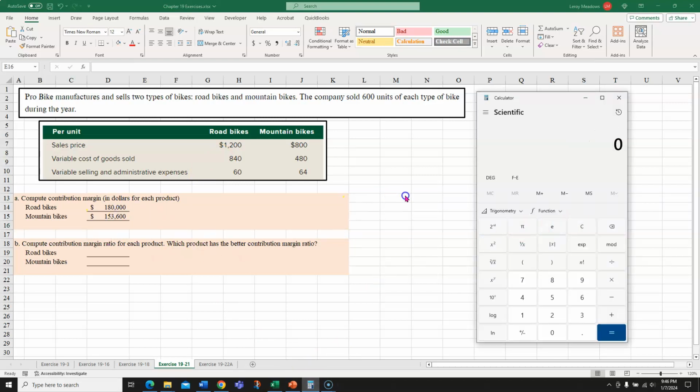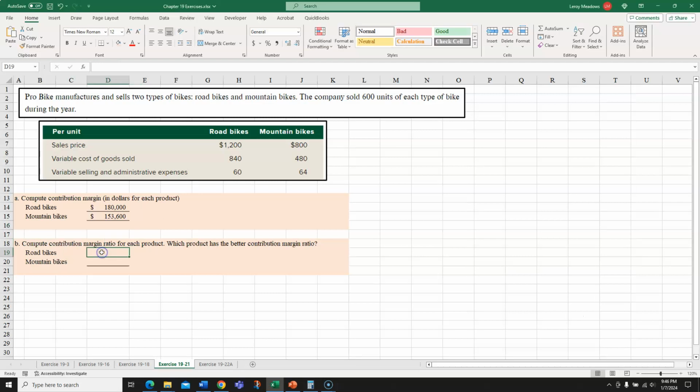So let's do road bikes. 1,200 minus 840 minus 60 gives us a contribution margin of $300. Now I'm going to take that and divide it by 1,200, my sales price, and that's 25%. So road bikes is yielding me a contribution margin of 25%.